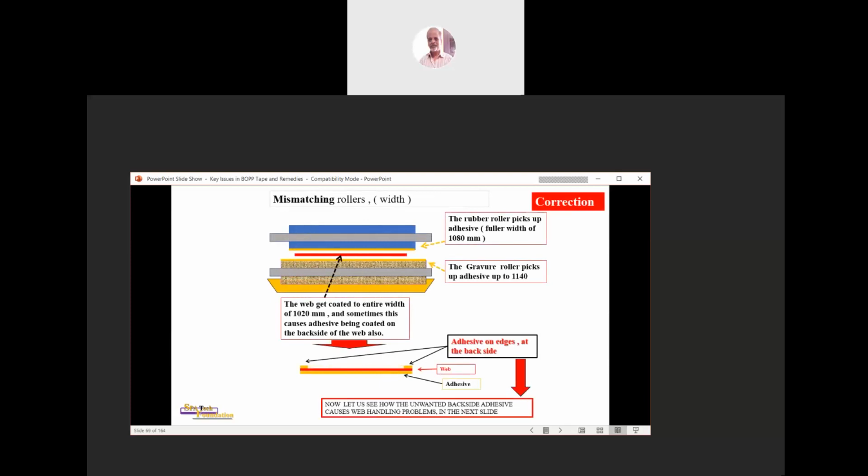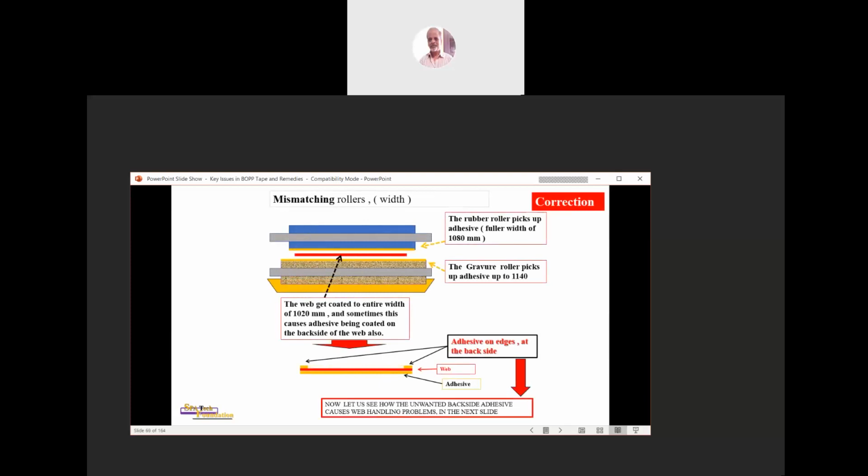You can see the rubber roll here, which is responsible for picking up the adhesive from the gravure roll and applying it on the film, is of 1080 width. The gravure roll has a working width of 1140. However, the substrate, the film, is of a width of 1020.